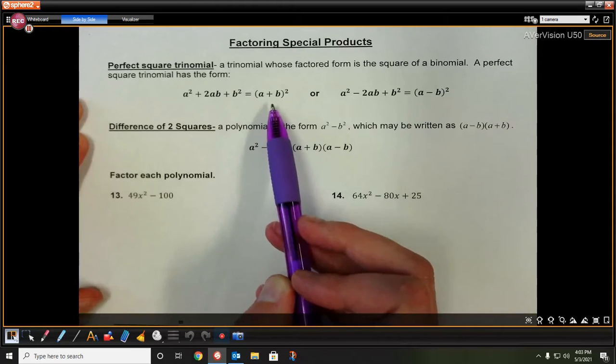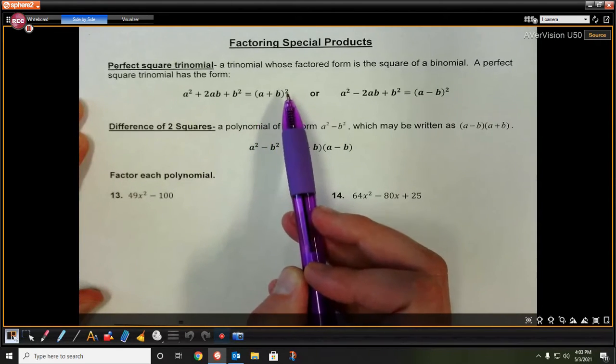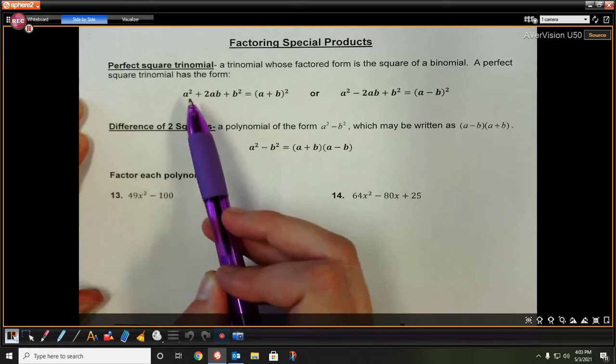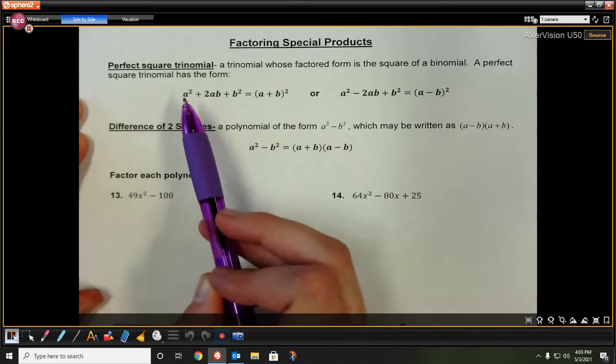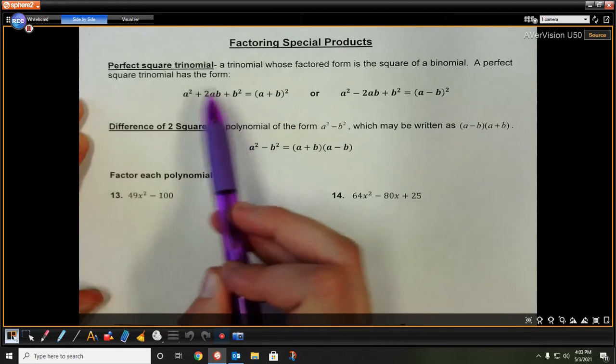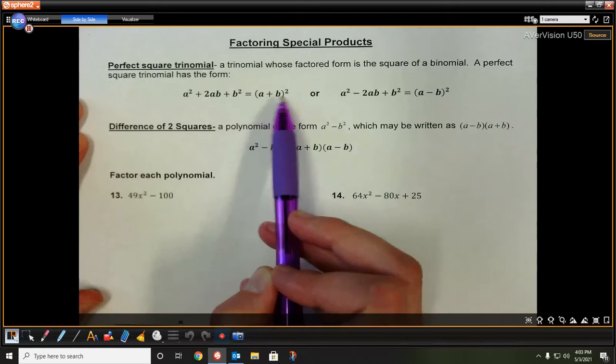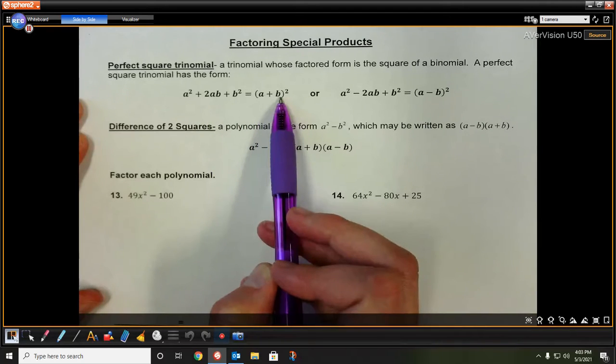There are two different forms. If the factored form is (a + b) squared, then the first term is a squared, the last term is b squared, and the middle term is 2 times the first term times the last term.